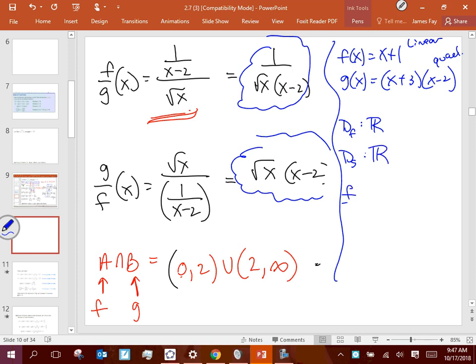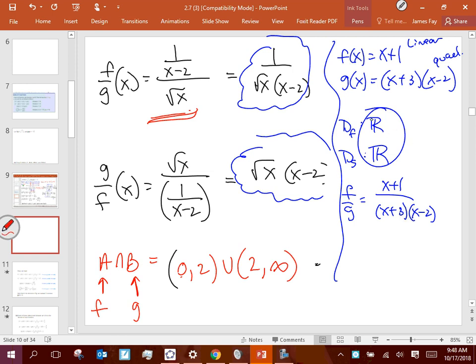Now if I did f divided by g, and let's look at that, f divided by g would be x plus 1 over x plus 3, x minus 2, right? So if the domain of f divided by g is the overlap of those, well, what's the overlap of all real numbers? All real numbers, right? Okay?